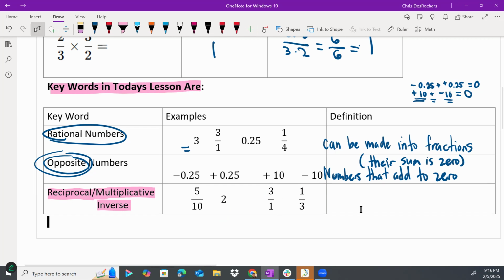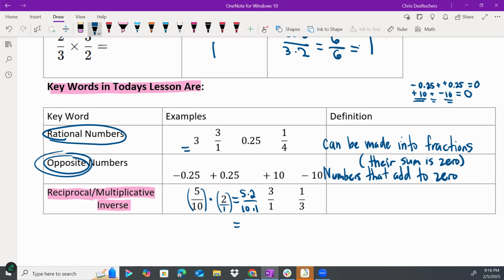Okay, well, why might we call these reciprocals is because if we multiply these two together, 5/10 and 2, which is the same as 2 over 1, we would end up with 5 times 2 over 10 times 1.